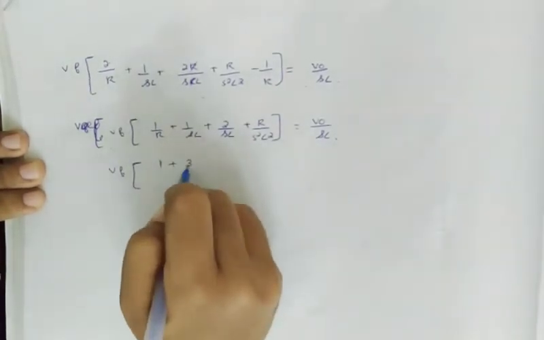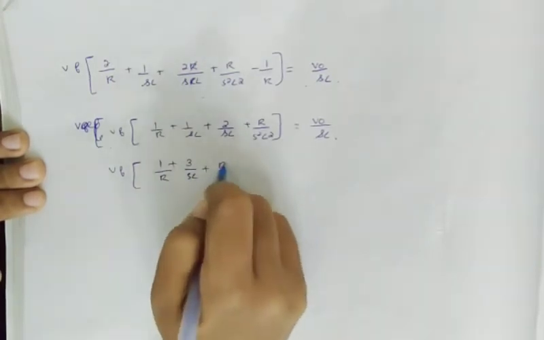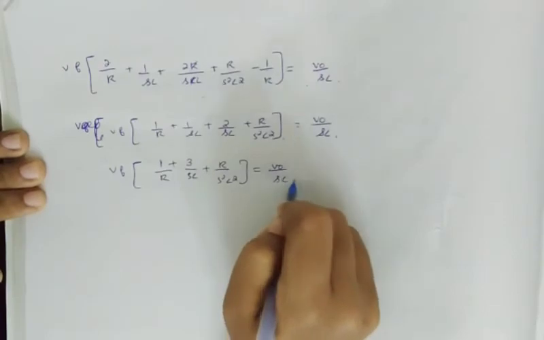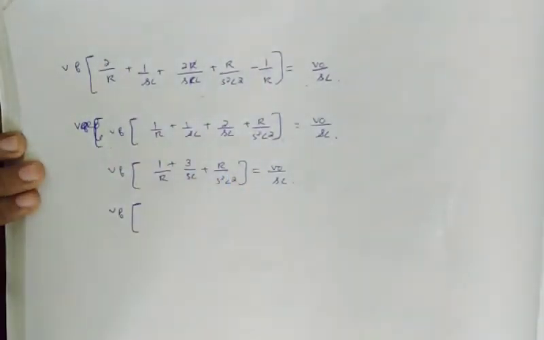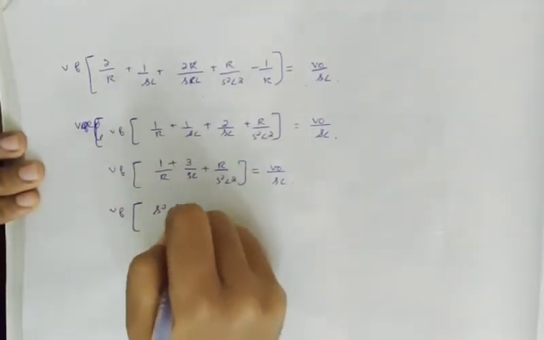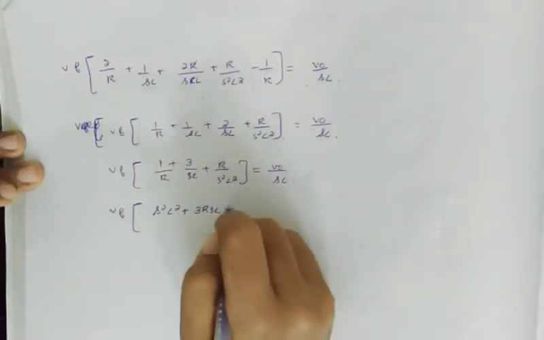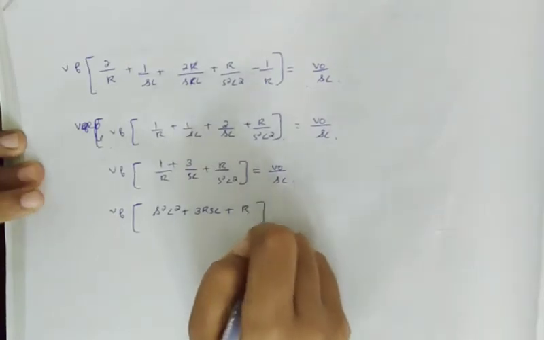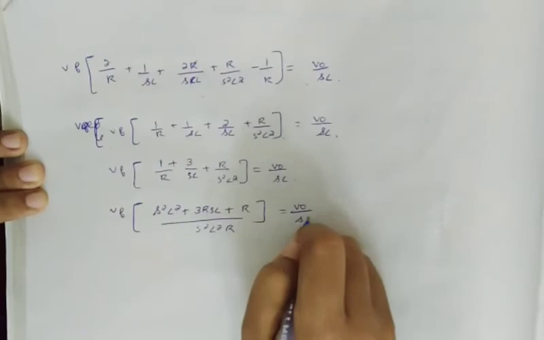So 1 plus 3 divided by SL plus R divided by S square L square equal to V0 divided by SL. And now we'll take the LCM, LCM being S square L square R. Okay. So S square L square plus 3RSL plus R whole divided by S square L square R is equal to V0 divided by SL.